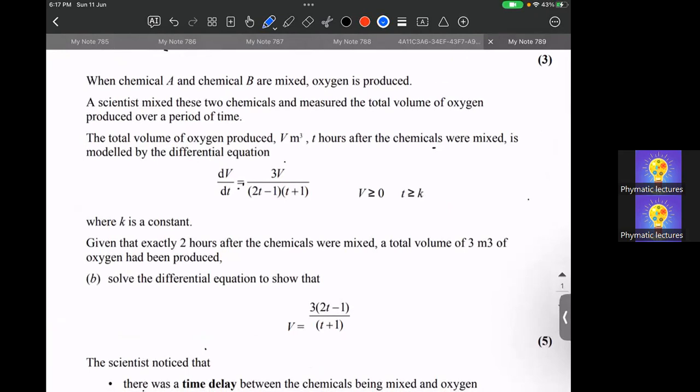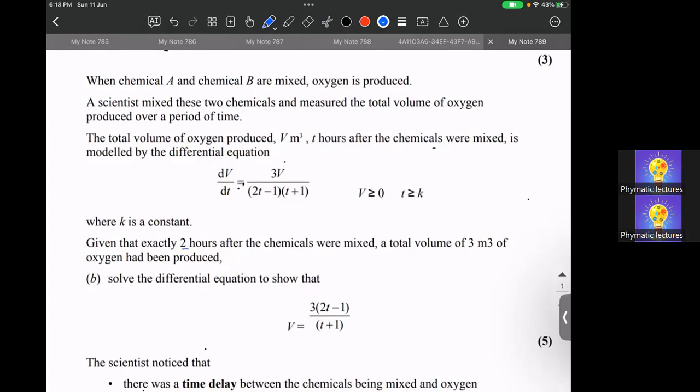The total volume of oxygen V meter cube, t hours after the chemicals were mixed, is modeled by the differential equation dV over dt is 3V by (2t minus 1)(t plus 1), where V is greater than or equal to 0, t is greater than or equal to k, where k is a constant.